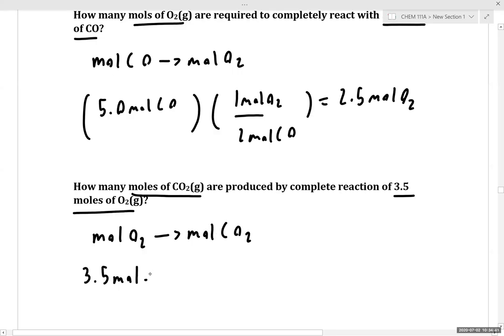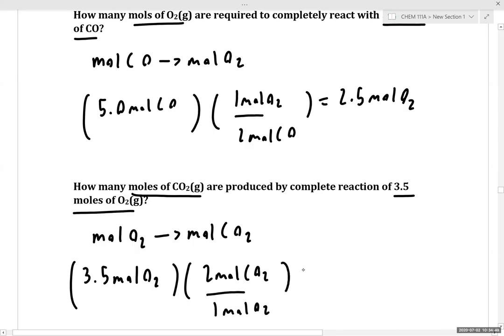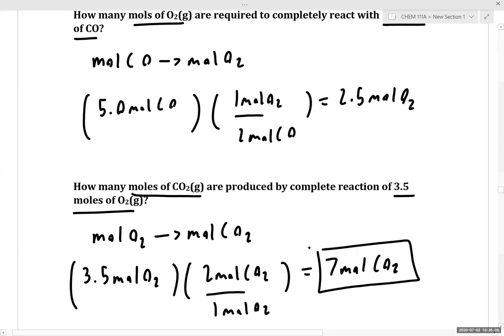If we have 3.5 moles of oxygen, we know that we have 2 moles of carbon dioxide per 1 mole of oxygen, and that in turn gives us 7 moles of carbon dioxide. Does this example make sense to everyone? So we're used to doing these mole to mole conversions, but this time we always have to check, do we have a balanced equation?